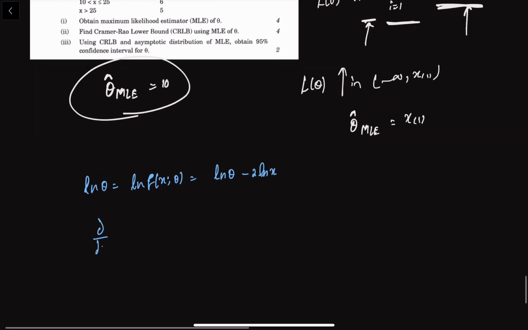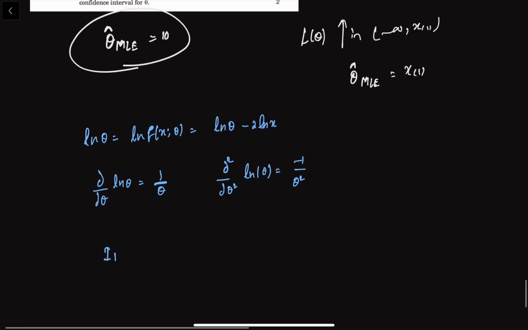The first derivative with respect to theta is 1/theta, and the second derivative is minus 1/theta^2. So for one observation, the Fisher information would be minus of the second derivative, which is nothing but 1/theta^2.